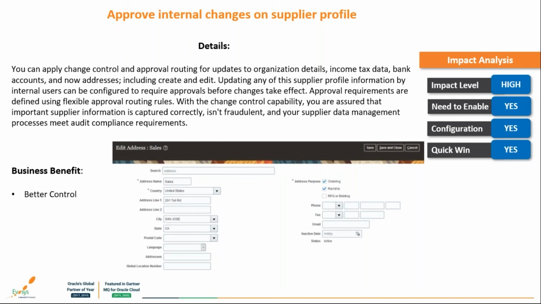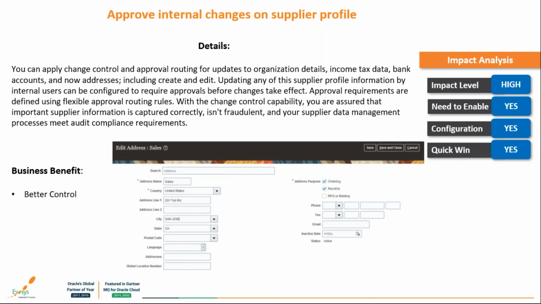Approvers can click details to view the other things. The business benefit is better control. The impact level is high. You need to enable this feature. You need to configure this feature. And of course, it's quick win.